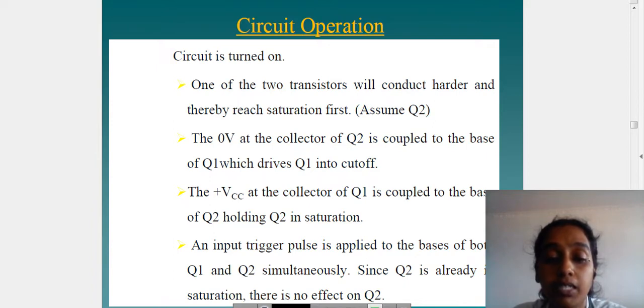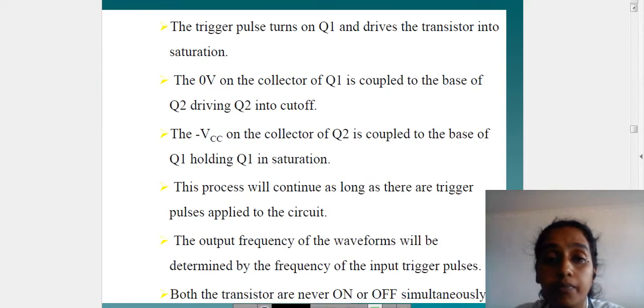An input trigger pulse is applied to the base of both the transistors Q1 and Q2. Since Q2 is already in saturation, there is no effect on Q2. The trigger pulse turns on Q1 and drives the transistor into saturation.